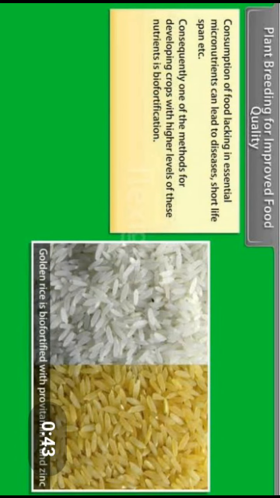Understood? So here, diets lacking essential micronutrients, particularly iron, vitamin A, iodine and zinc, increase the risk of disease, reduce lifespan and reduce mental abilities also.